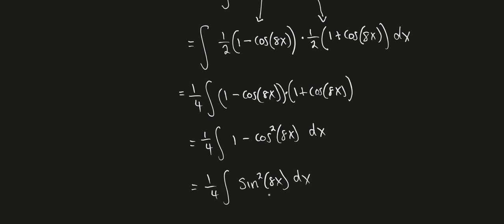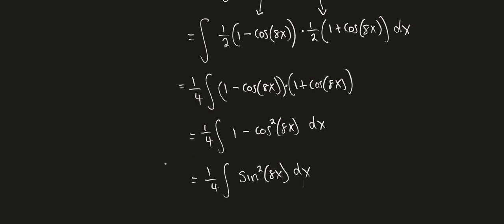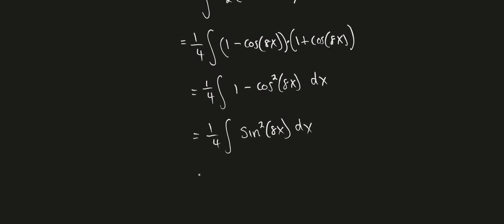And then I'm going to apply my half angle identity for sine squared, because until I get just sine or cosine without an additional power there, I can't write down its antiderivative. So applying it again, what do we have?